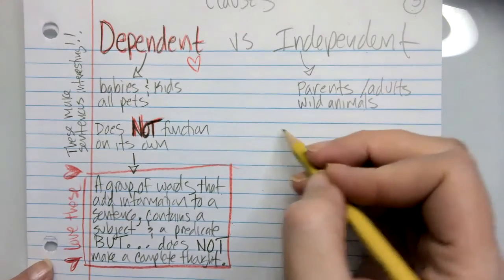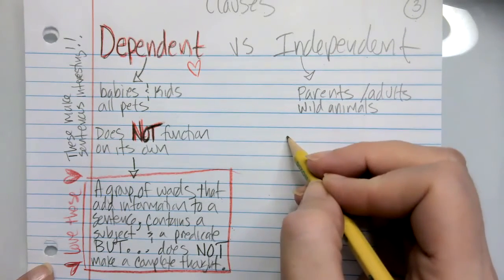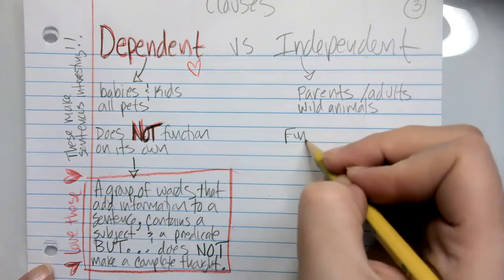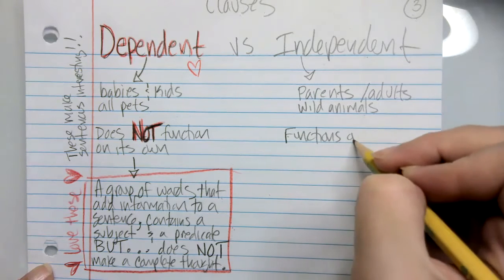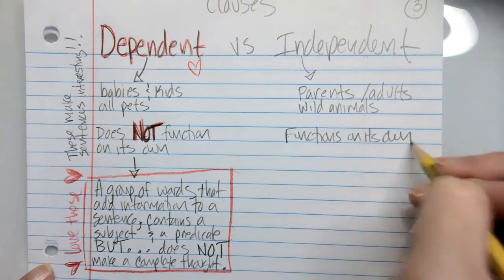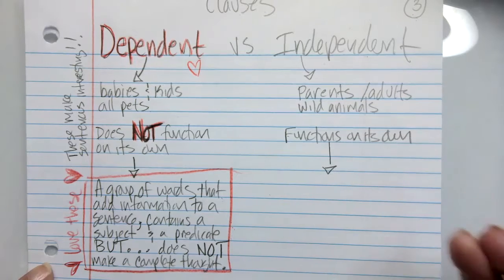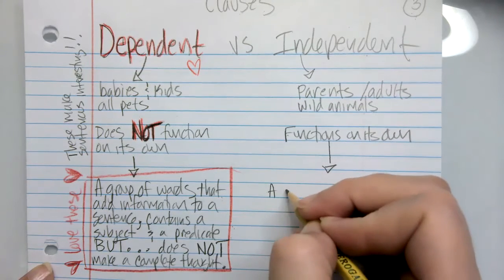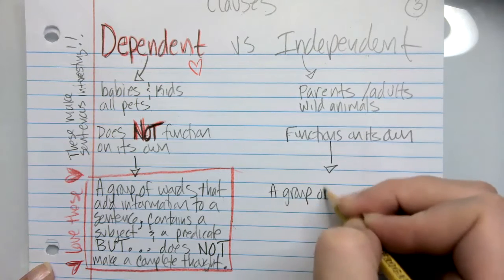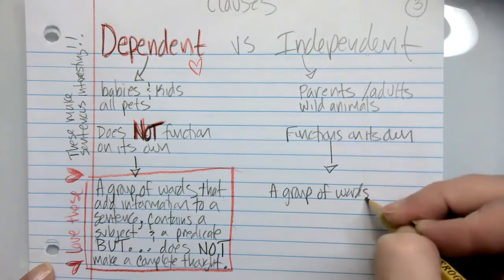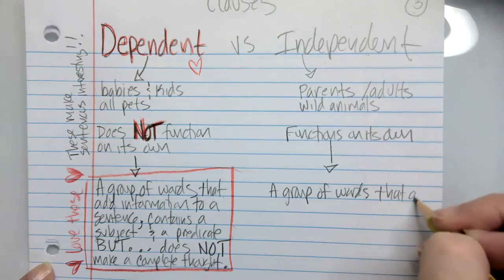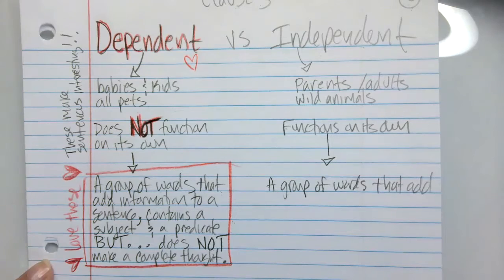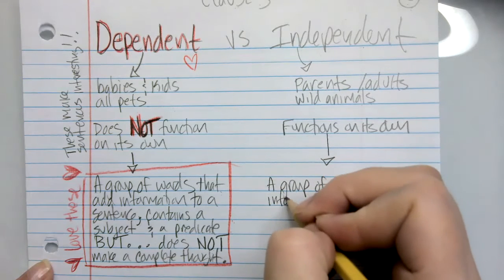So we're going to come down here. We're going to try to stay in line with our formatting, and we're going to say functions on its own. And then we're going to draw an arrow down. And we're going to write the alternative of this, which is that it is a group of words that add information to a sentence.